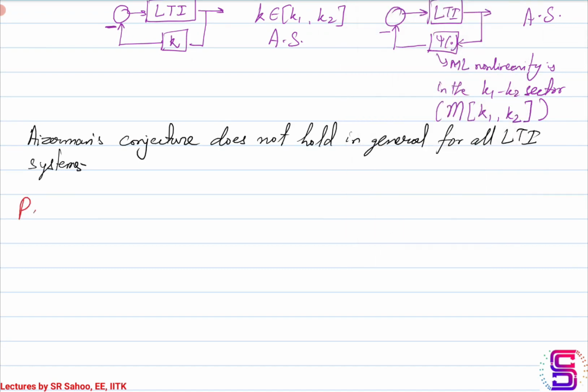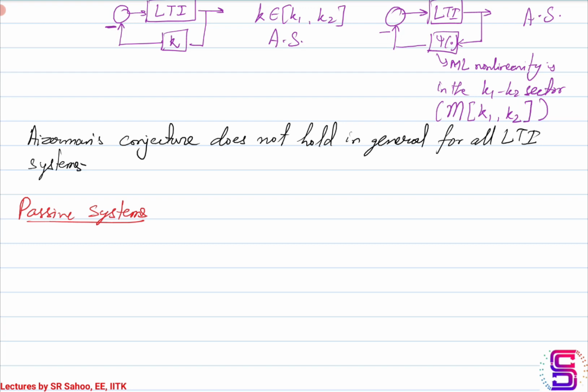So, what exactly are passive systems? Okay, passive systems are systems that do not generate energy. Whatever energy is applied to them, their response is based only on that, but they do not generate any form of energy.